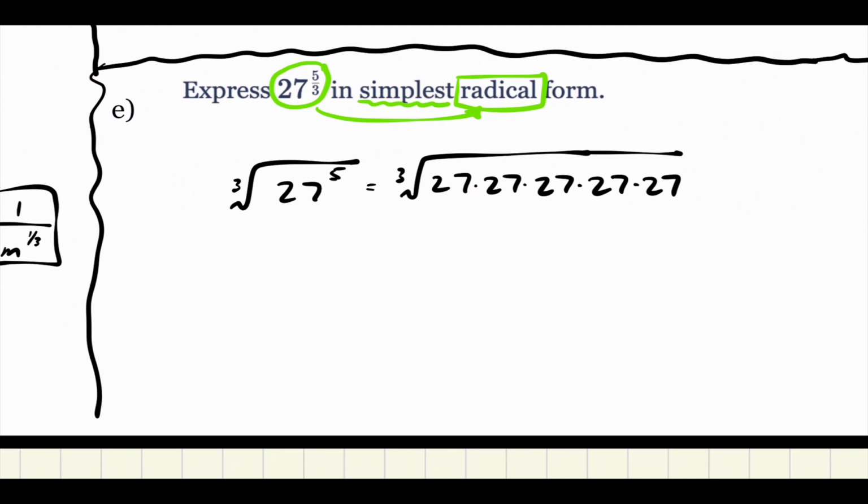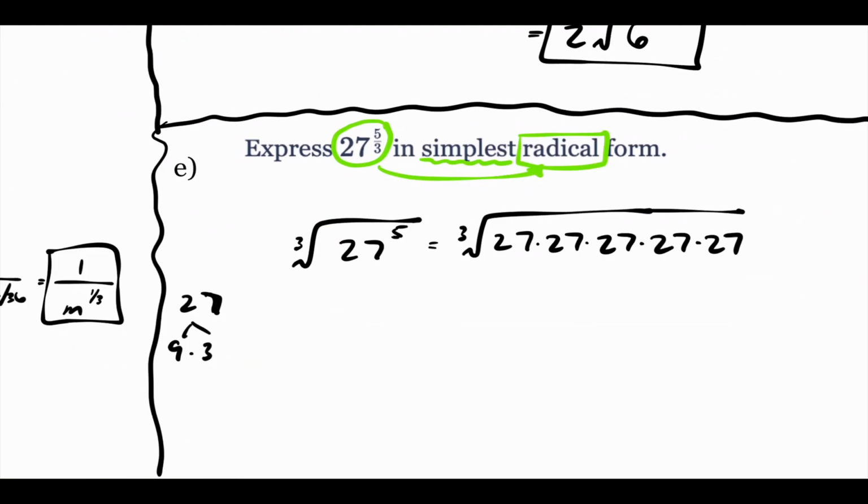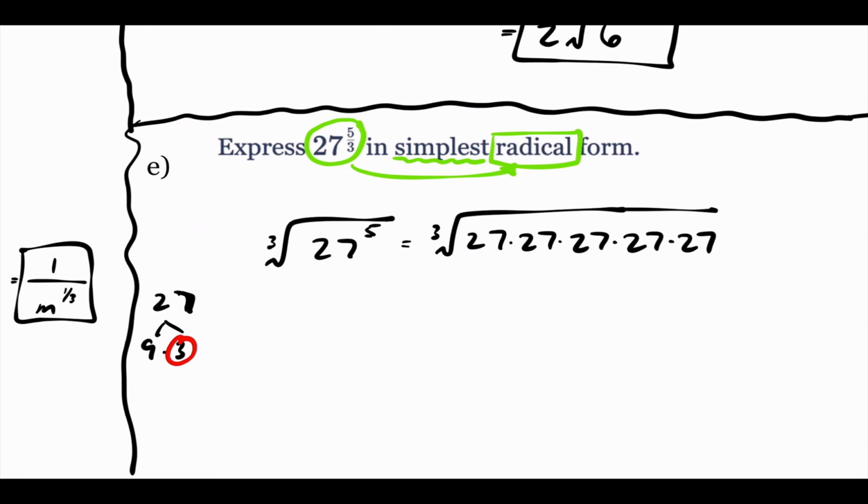So I have 5 27s. I'm not going to break down all of them. They're the same number, so I'm going to break down one of them. If I break down 27, I get 9 times 3. Circle the 3. 3 times 3.